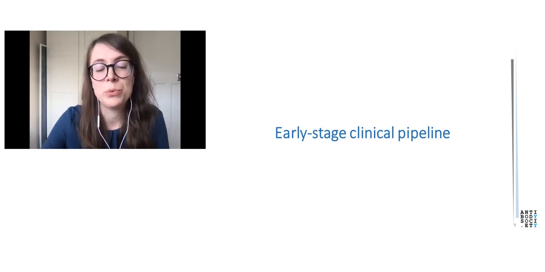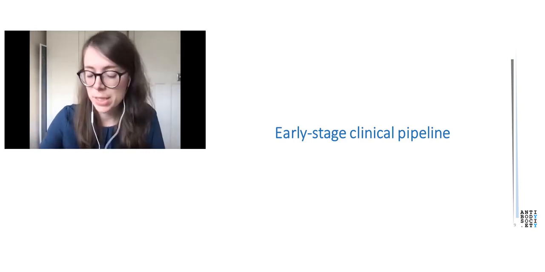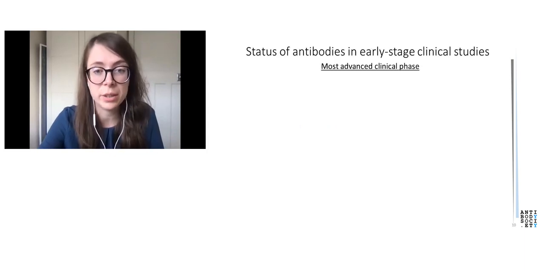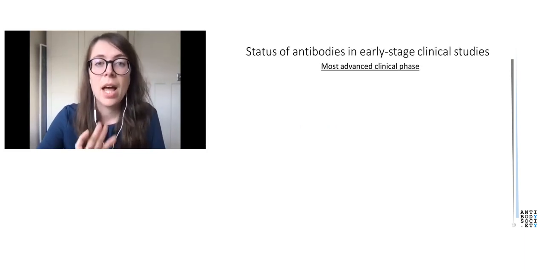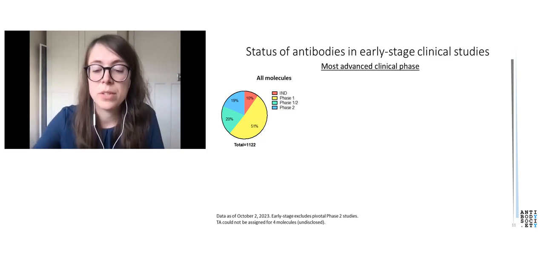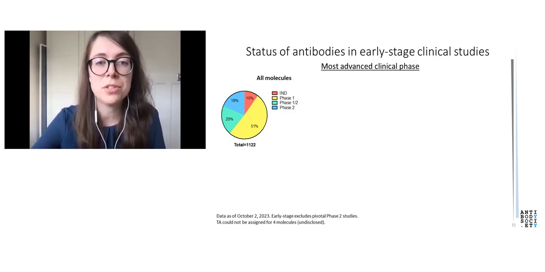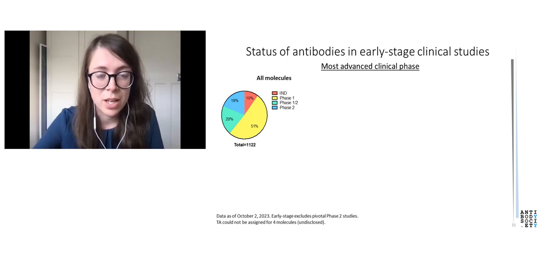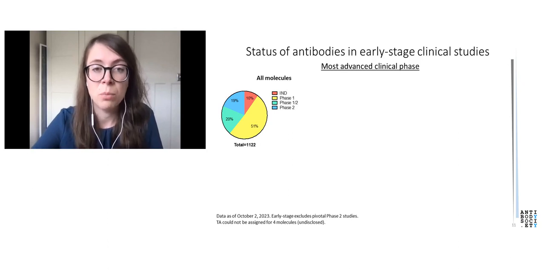And now I will move to the main topic of the presentation, which is our analysis on the early stage clinical pipeline. I'll start with the status of these antibodies, and with this pie chart, I want to first show you the number of molecules we are talking about. As you can expect from the trends I just showed you, we have a huge amount of molecules.